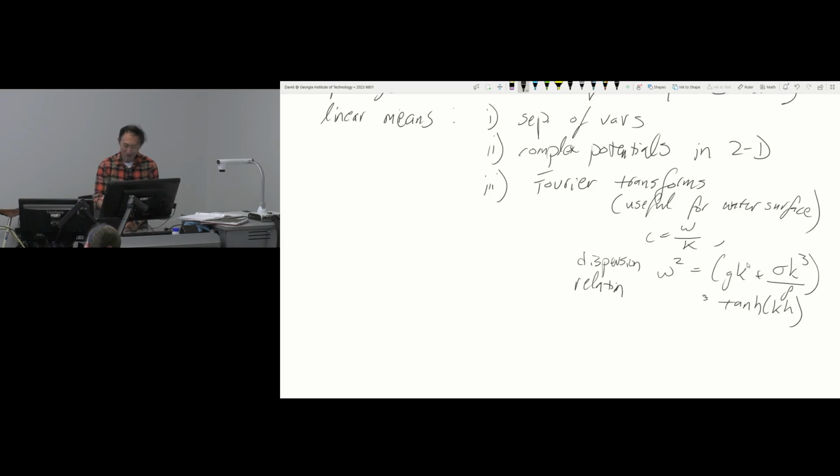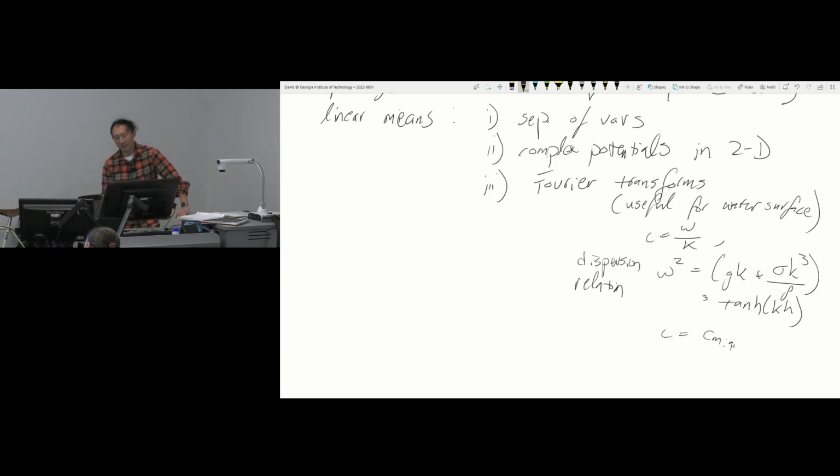But because omega has a cubic, c has a minimum phase speed of, I feel like it's around 20 centimeters per second. I can't remember. But there's a minimum phase speed. It's like 20 centimeters per second.